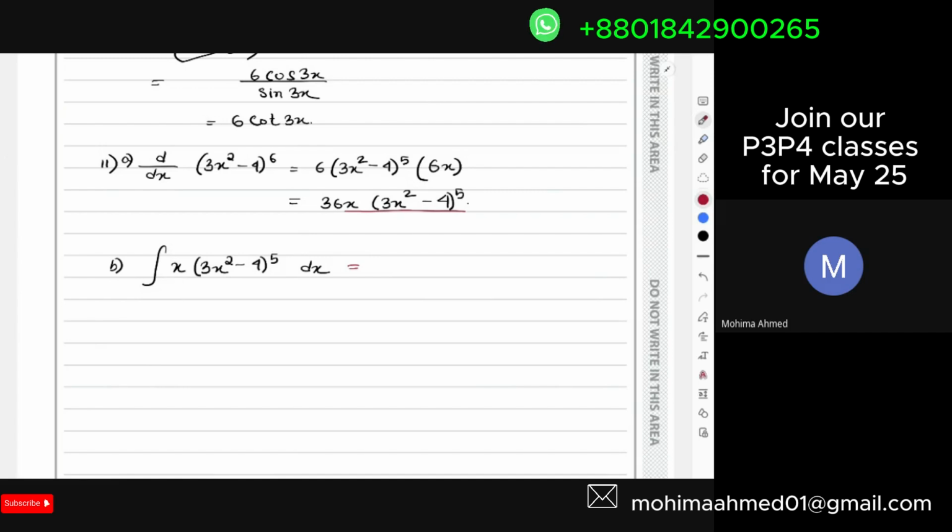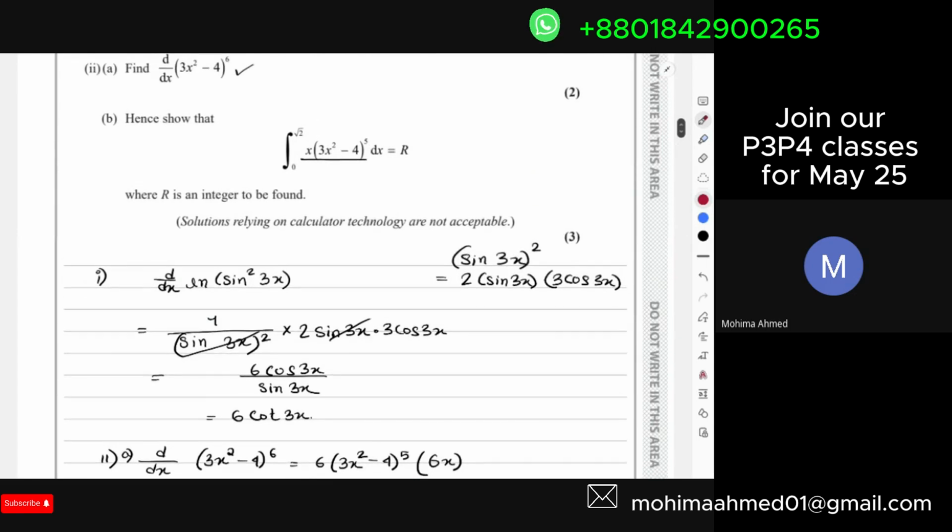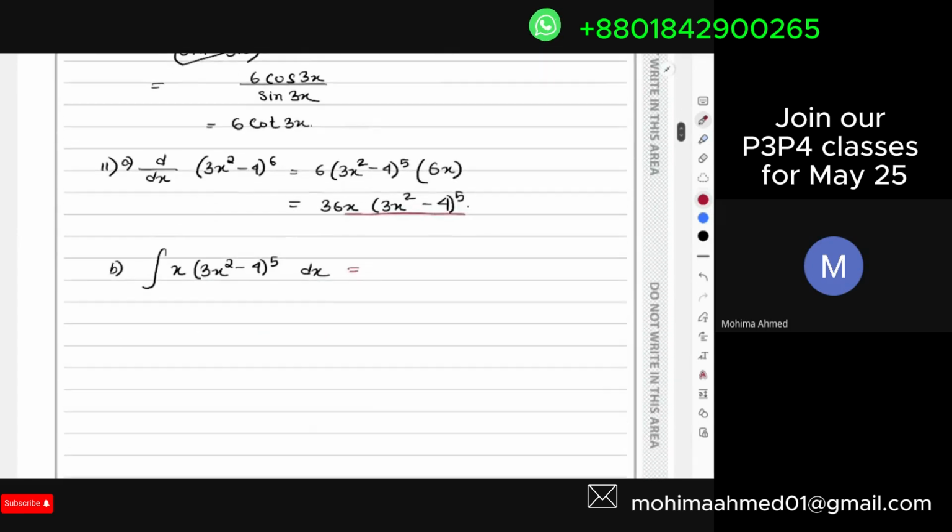We don't have a 36 in front. We can consider it this way: if this is equal to 36x, this value, then this value is going to be equal to 1 by 36, (3x² − 4)^6. Integration of this is going to be equal to this value.